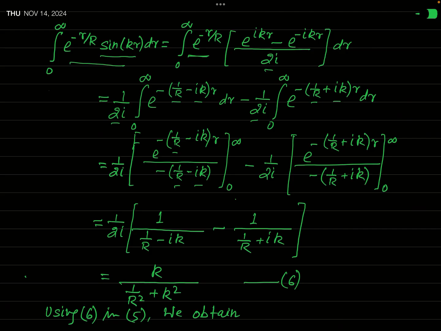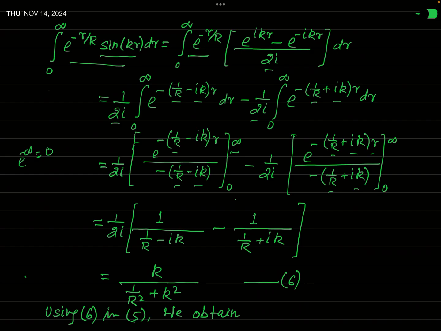The second integral is minus 1 over 2i times e to the power minus (1/R plus iκ) r divided by minus (1/R plus iκ), and limits are the same, 0 to infinity. When you put the upper limit infinity, due to the minus sign present in both terms, the first term will be e to the power minus infinity, and that will be 0.